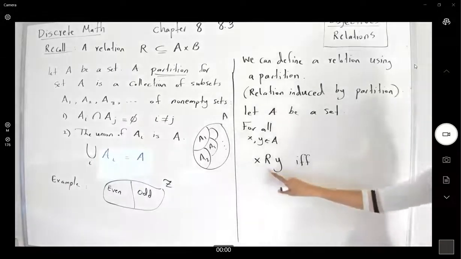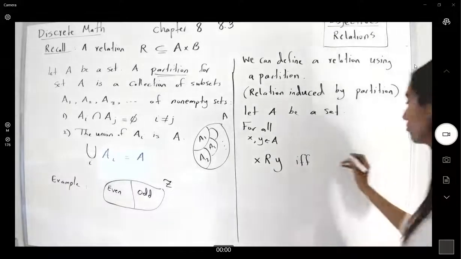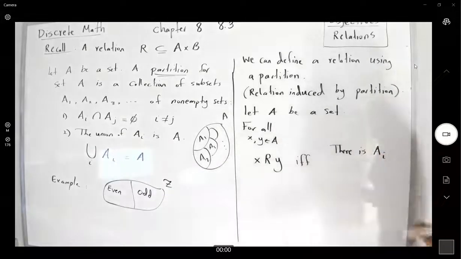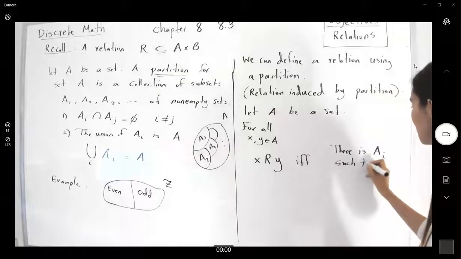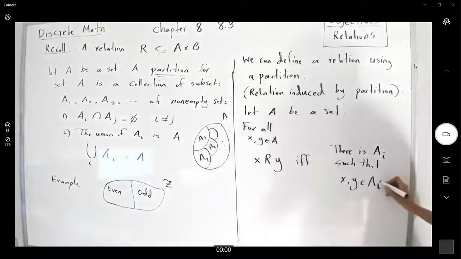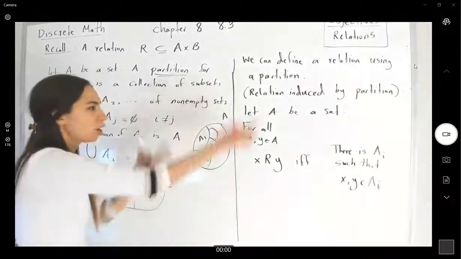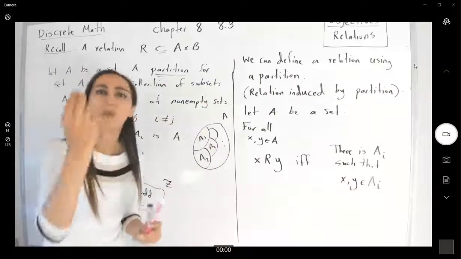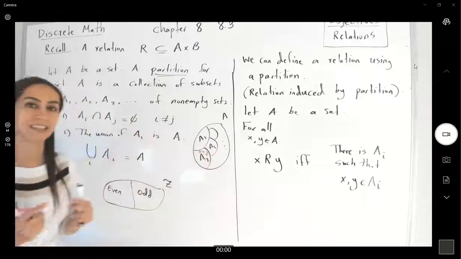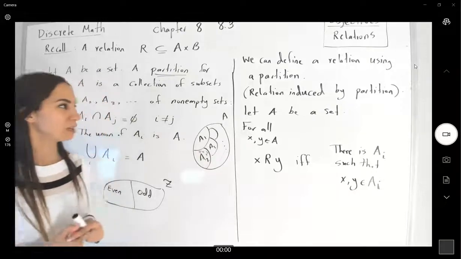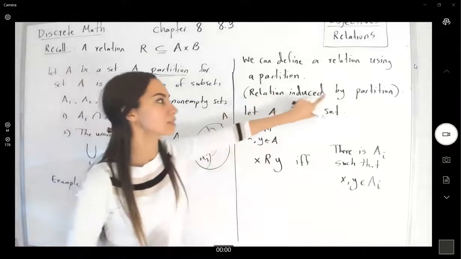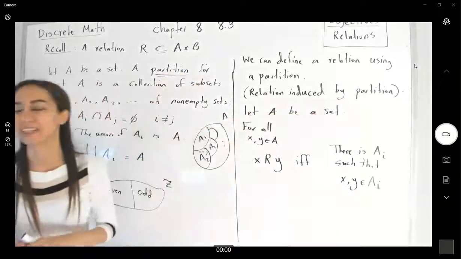So X is in relation with Y if and only if there is a subset like A sub alpha such that X and Y, both of them, land in this subset. So between all of these subsets, you can find one of them such that X and Y both land in that subset. In this case, we say that there is a relation that is induced by that partition.